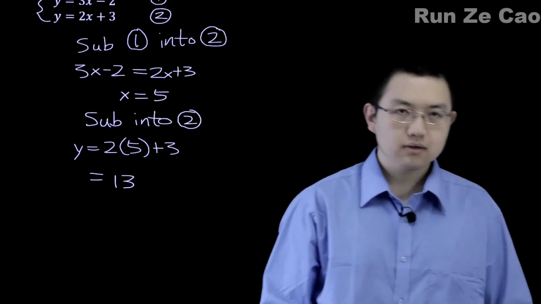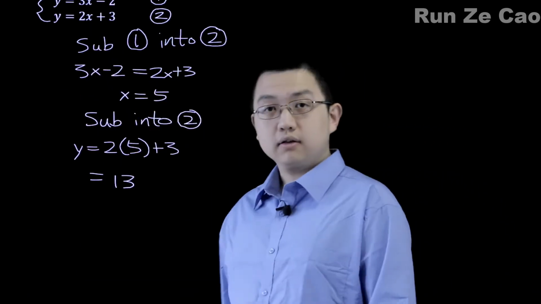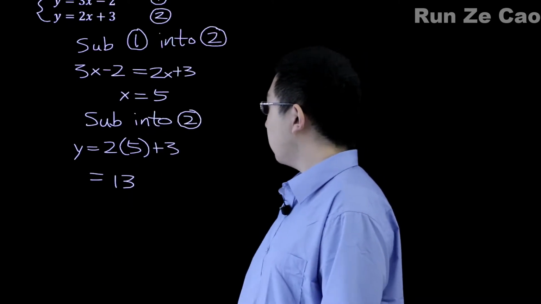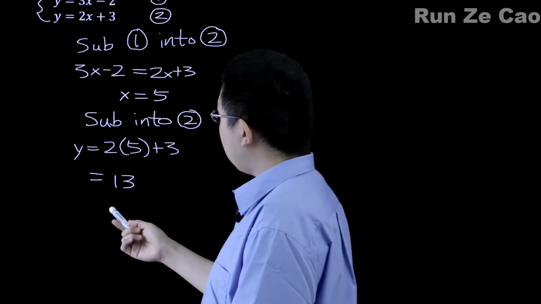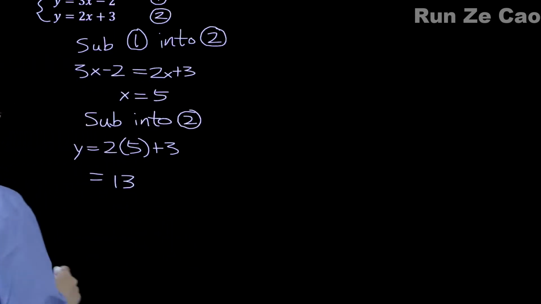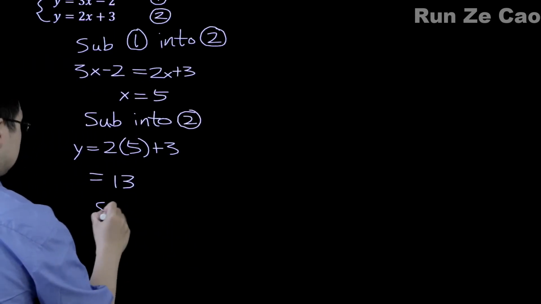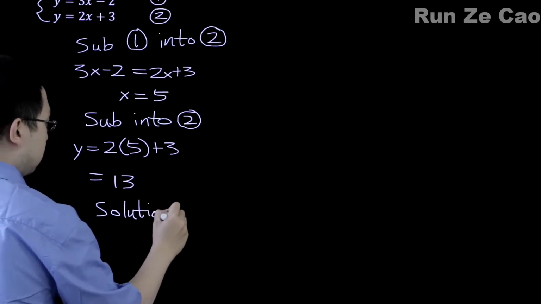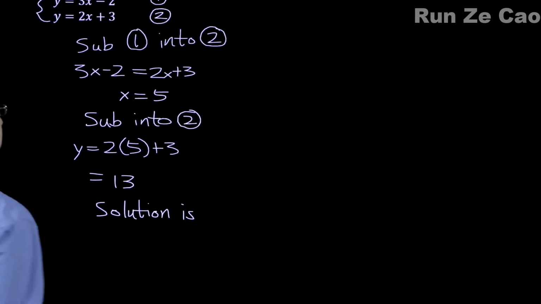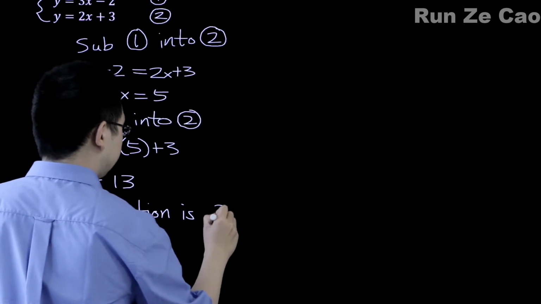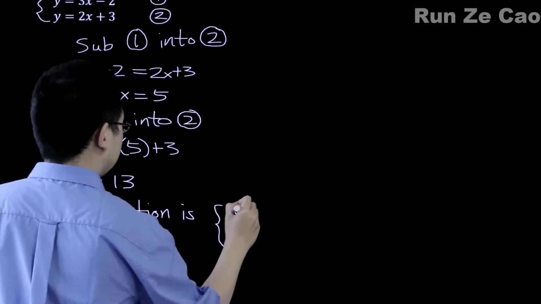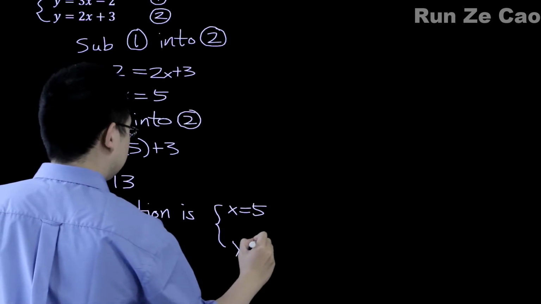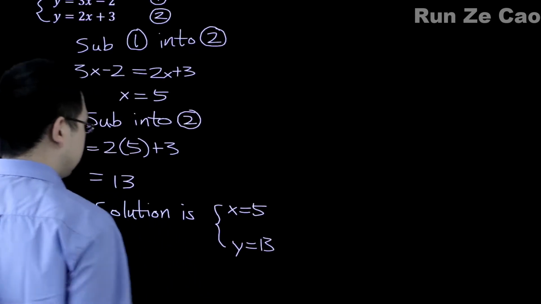Now, does this make sense? We check our answer and it's, hey, 3x minus 2, 2x plus 3, okay, x is 5, fine. And 13, yep, that's correct. So, solution is x equals 5 and y equals 13.